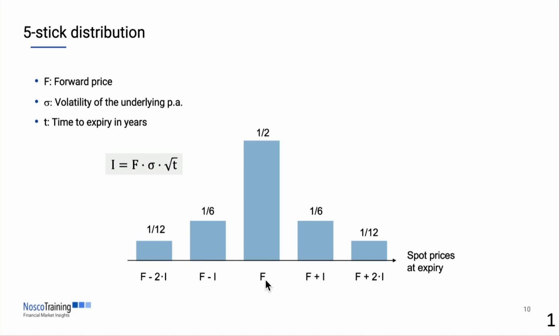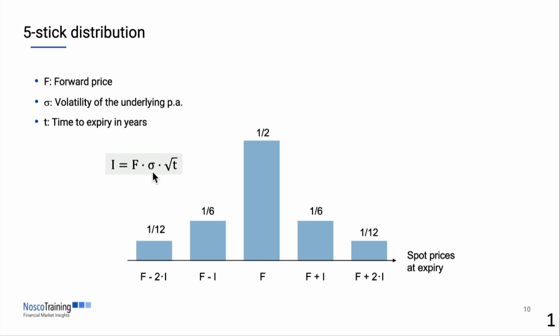So actually, we always increase the prices by a fixed dollar value. Right? And here is how, in the model when we talked about the 5-stick distribution, we chose that interval. See, that interval has to do with volatility. Sigma is volatility, right?